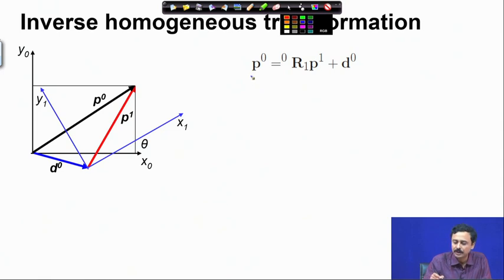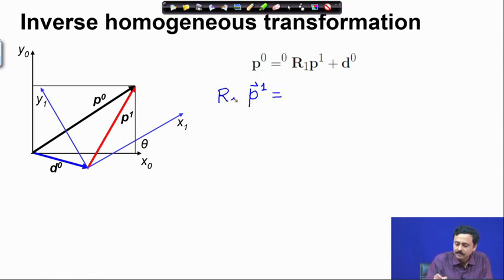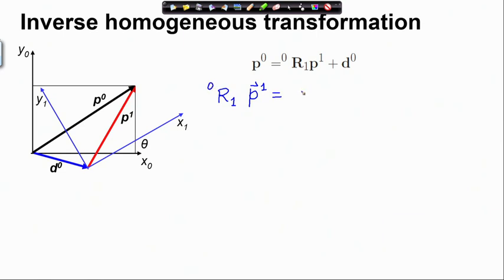So, essentially I want to represent P 1, and that you can see is nothing but P 0 minus D 0.